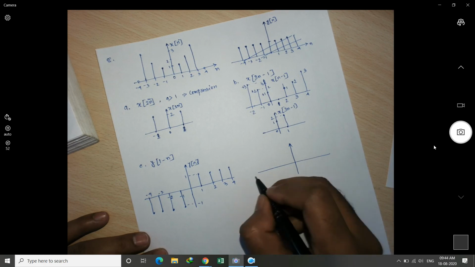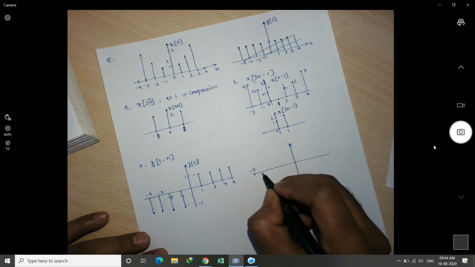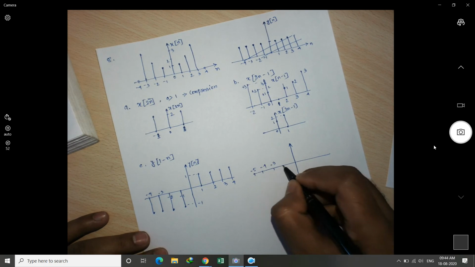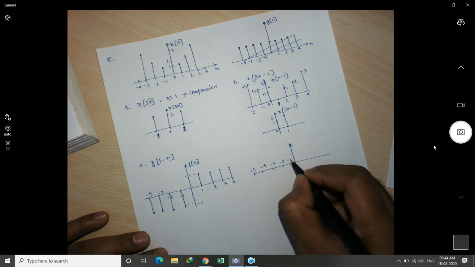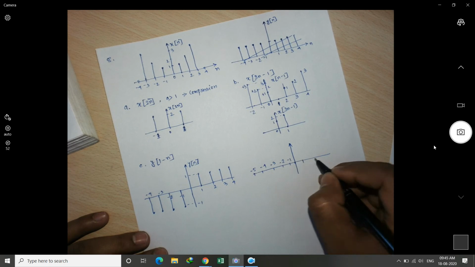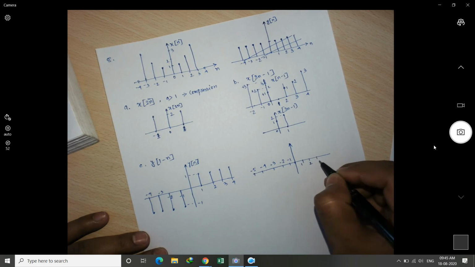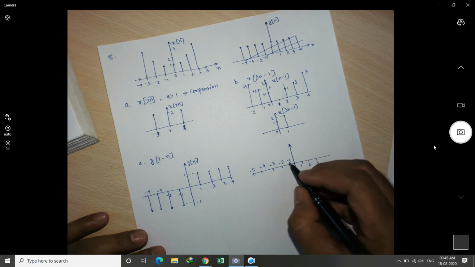It will start from -5, then -4, -3, -2, -1, 0, 1, then it is 2, then it is 3, like this.